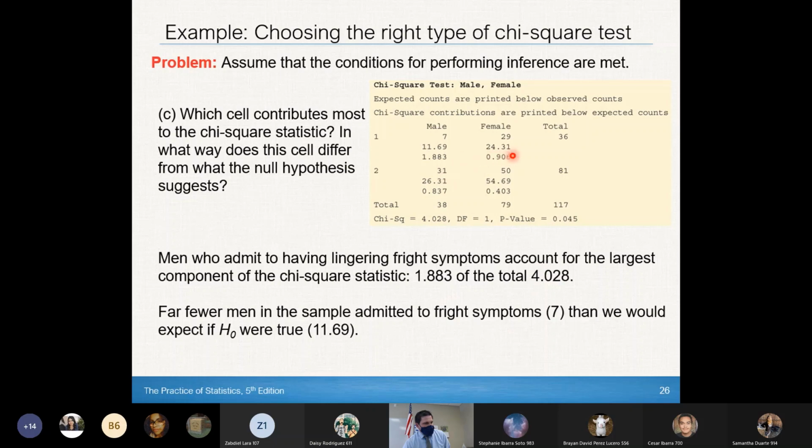That 1.883 is twice as large as the closest other contributors. Far fewer men in the sample admitted to fright symptoms, 7, than we would expect if the null hypothesis were true, 11.69. Okay, so this is just observing what's contributing and how that is different from what we would expect if the null hypothesis were true.